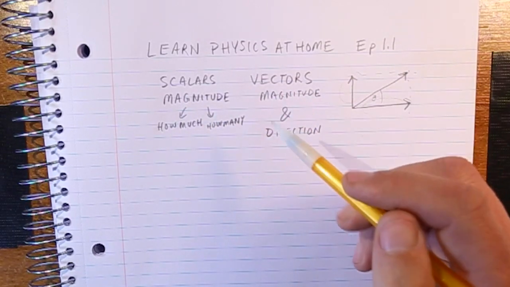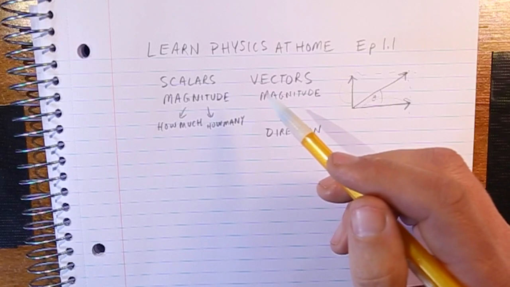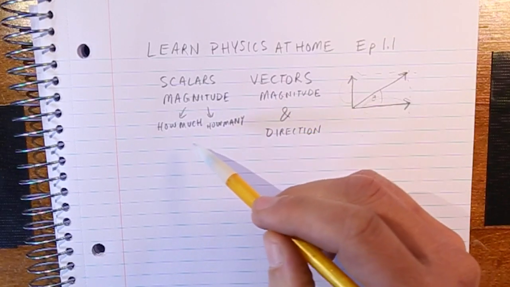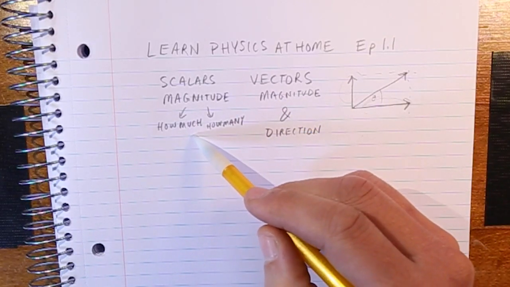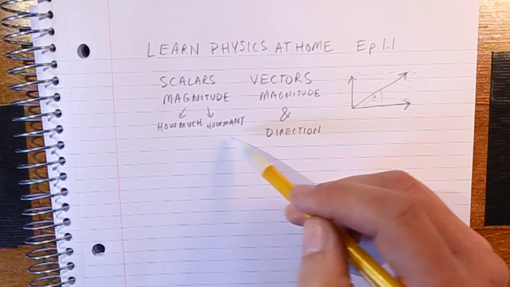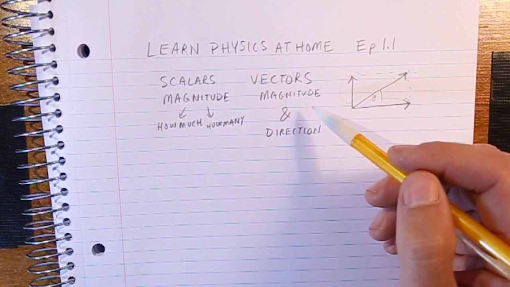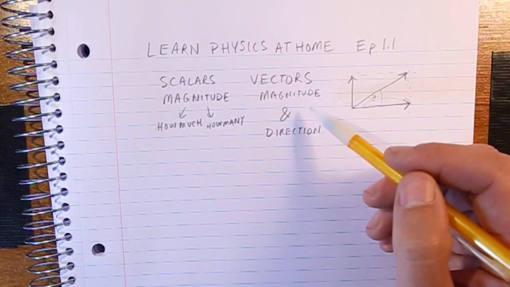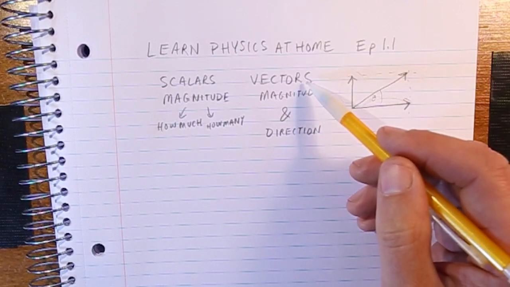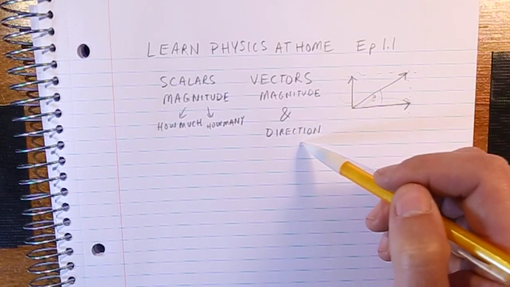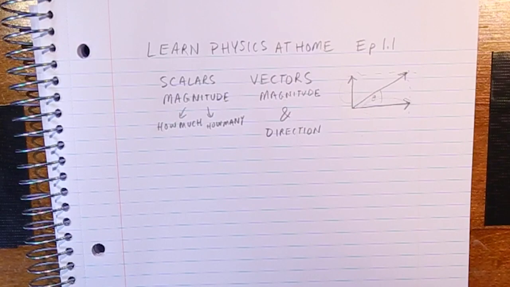So for example, if you're driving down the road at 10 meters per second, you've described your speed, the how much or how many value that you have. Velocity, you might say I'm going 10 meters per second east, or 10 meters per second to the right. That's going to be a vector quantity because we included direction.